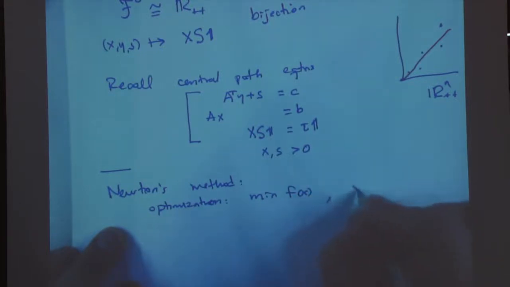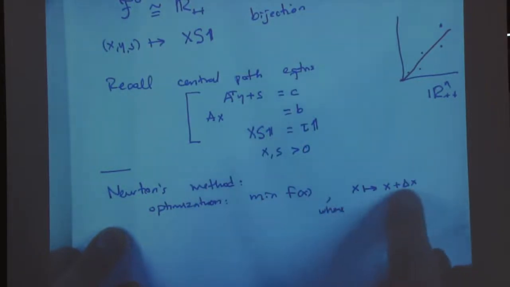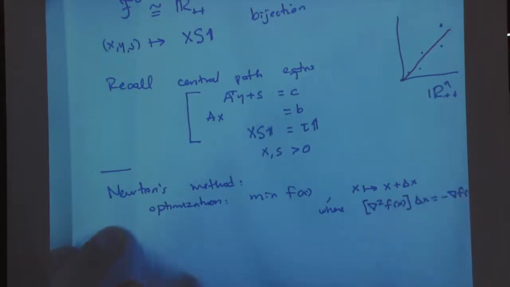So you go from a current point to a new point where the update, okay, this update is the solution to this system of equations: Hessian of f of x, delta x equal to negative gradient of f of x. Okay, so this is Newton's method for optimization.